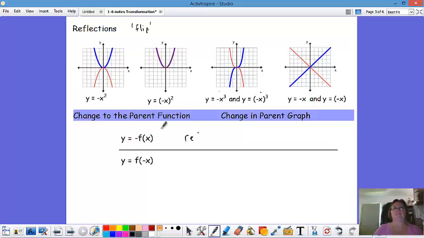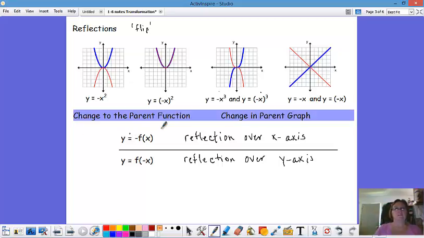That is a reflection over the x-axis. If we do the function to the opposite of x, that reflects it over the y-axis. And I think that the language that I used is kind of important here, reflection over y-axis. So I want to just go back and make a note about this.